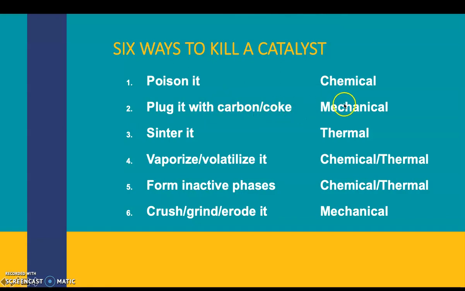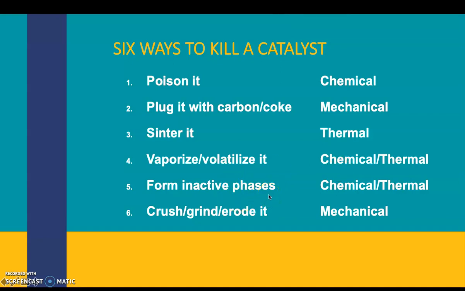Next, plugging with carbon or coke. This is mechanical, where the carbon from the reaction will plug the pores of the catalyst. By sintering, this is what we call thermal activity, where at higher temperature it will decay the catalyst. Vaporize or volatilize it, through chemical or thermal means, and then form inactive phases.